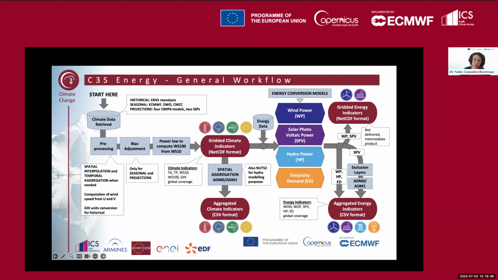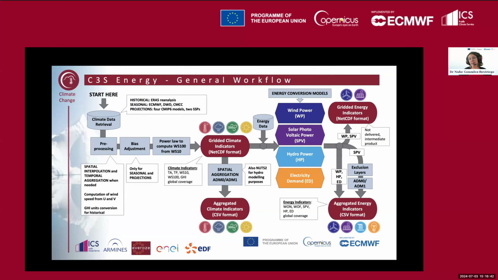But then on top of those, we can make some spatial aggregation and provide these climate indicators, this time in CSV format, just aggregated to country or sub-country level. And then from these gridded climate indicators, we mix with the energy dataset, and we apply the different energy conversion models to obtain the gridded energy indicators.